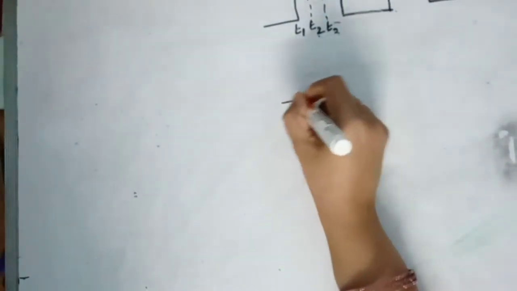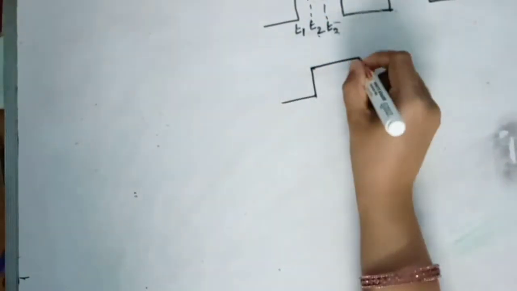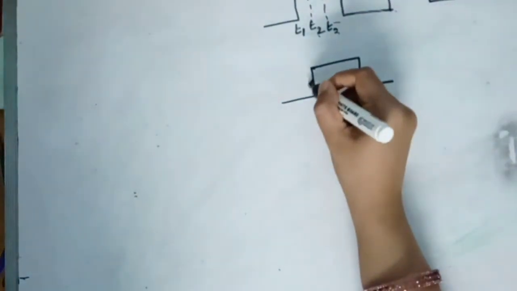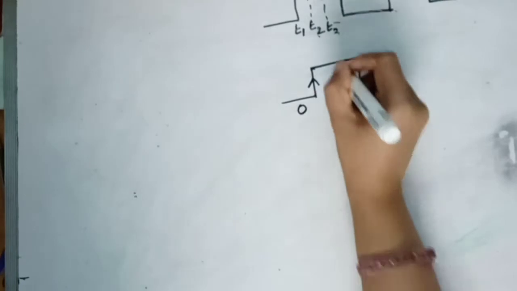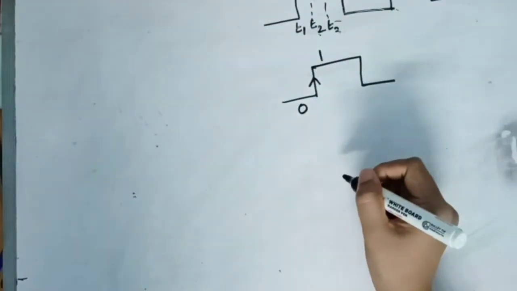Now another method is that the flip-flop is triggered only at an edge of the clock. That is, this is a positive edge, a 0 to 1 transition.